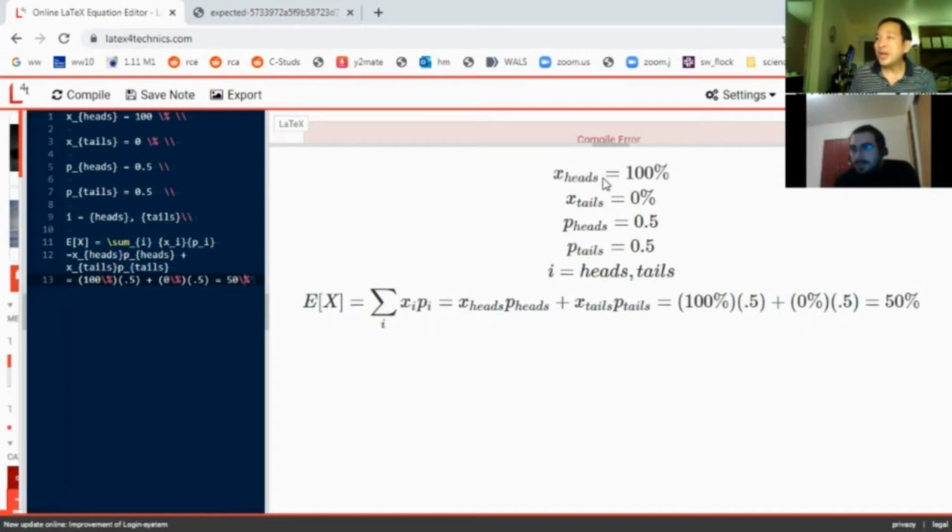Now, what happens in Tan's case is that instead of heads and tails, you have maybe thousands of states possible, or hundreds of combinations that can happen. It becomes insane.